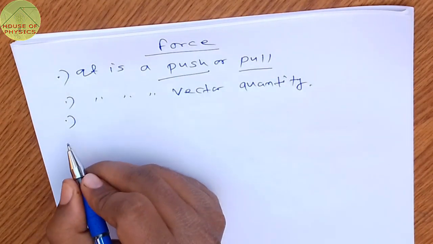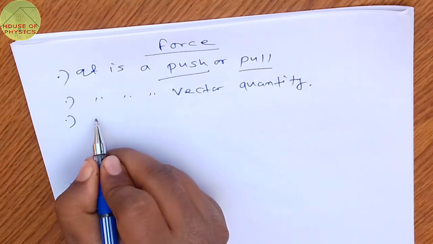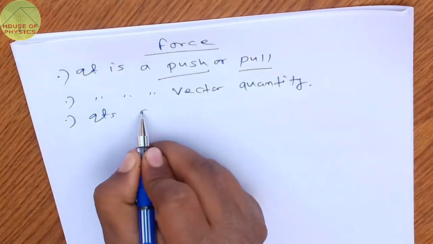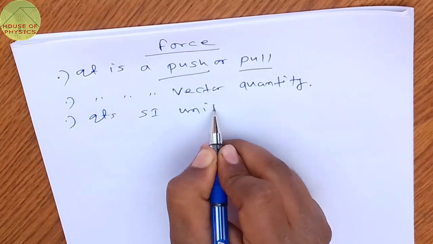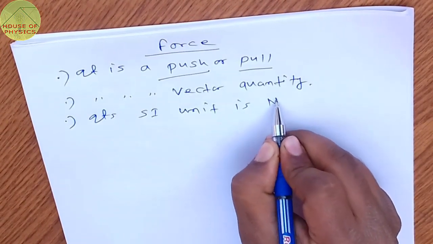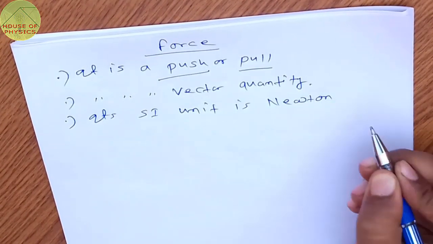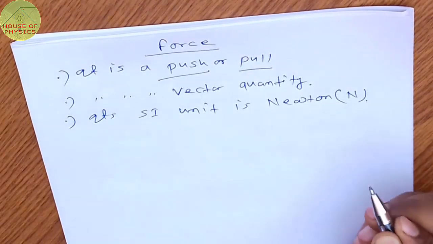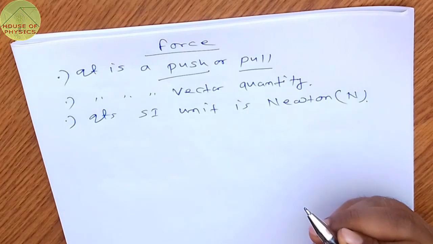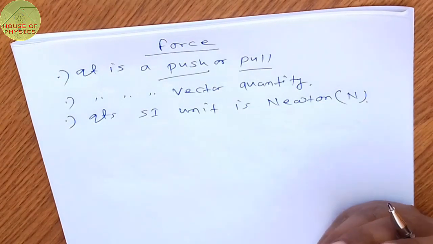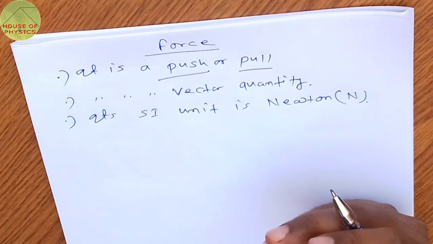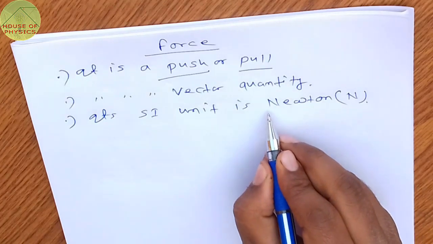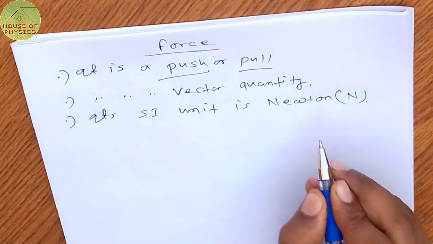And the third point is its SI unit. Its SI unit is Newton, named after the great scientist Sir Isaac Newton, written as capital N. One point should be remembered: whenever a unit is named after a scientist, the first letter is taken, and that too in capital.